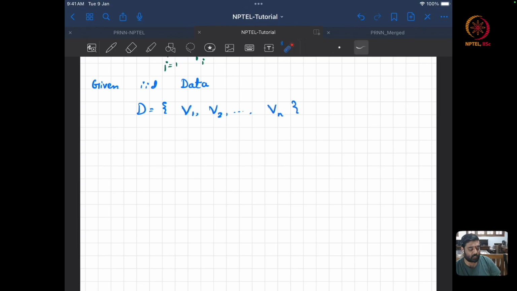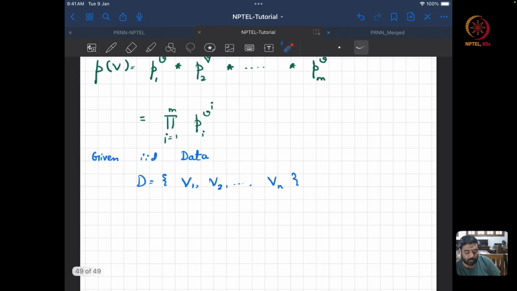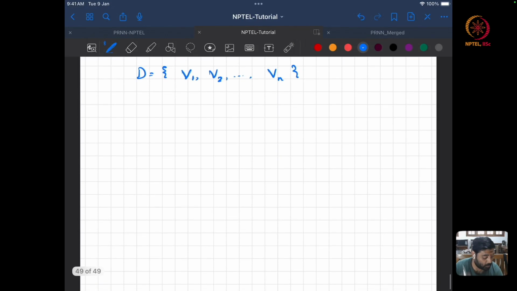Again, against my standard notation, I am representing these instances with capital letters, because I'm representing the values inside each of these vectors with small letters, and I don't want to confuse that. So I'm representing each instantiation of this random variable with capital. Okay, that's a notational thing.